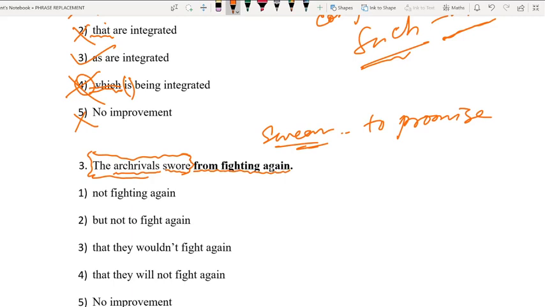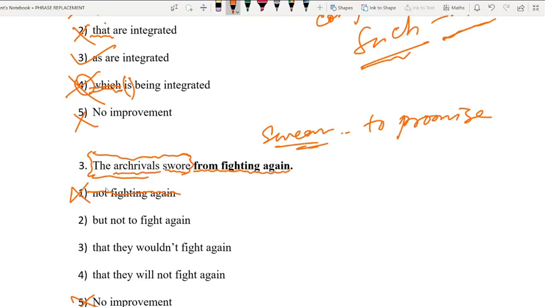The sentence becomes absolutely grammatically incorrect, and hence option number 5 stands eliminated. Now let us go to option number 1. "The arch rivals swore not fighting again." Again, this is grammatically incorrect. If instead of "not fighting again" it were written "swore not to fight again", then it would be grammatically correct. But this is not written as such, and hence it is also eliminated.